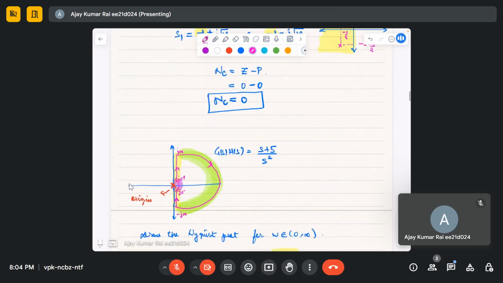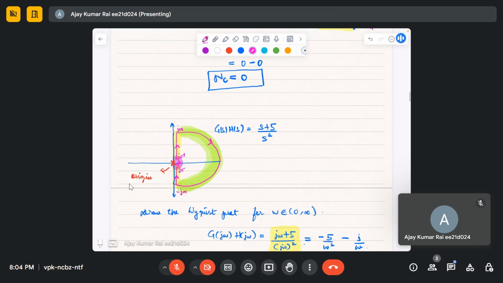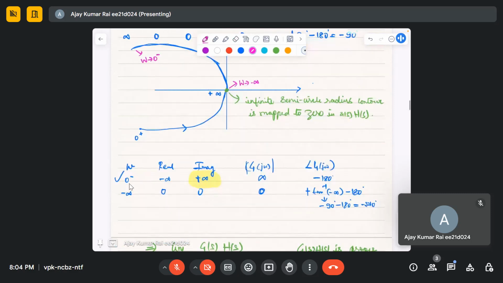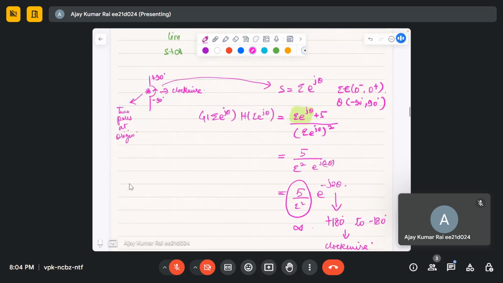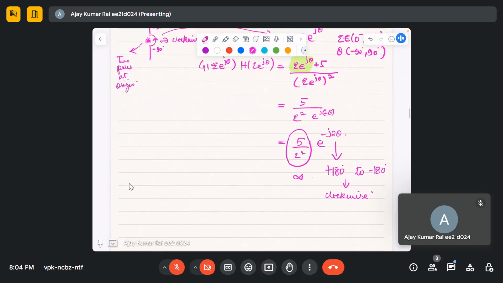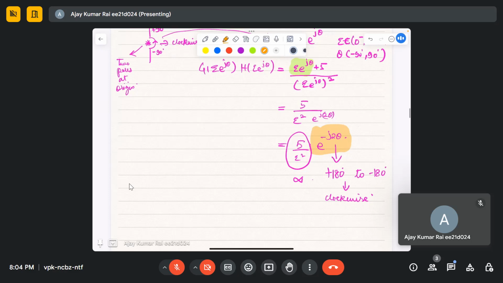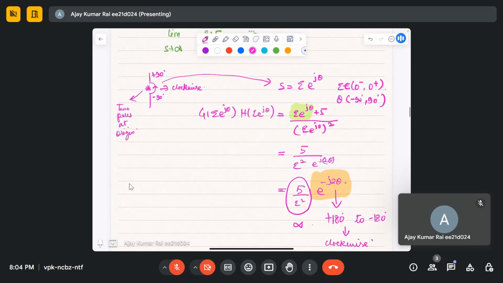So we have seen from the contour also how we are going. You have taken anti-clockwise, right? The overall direction is clockwise, that is the definition. But if you see the small semicircle, you have taken anti-clockwise. But again, if you put minus 90 here, you'll get plus 180 to minus 180, that is clockwise, the negative of that angle.